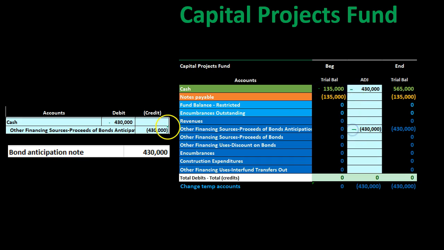The credit goes to what would be similar to income statement type accounts, increasing in the credit direction. So this account, other financing sources, proceeds from the bond anticipation note, acts kind of like an income statement account, increasing similar to revenue, increasing what we would think of as net income, the bottom line. As we can see down here on the credit side, it's not representing a loss, but credits over the debits.